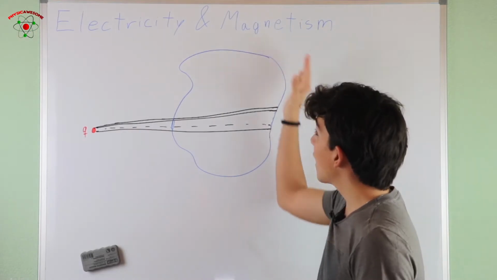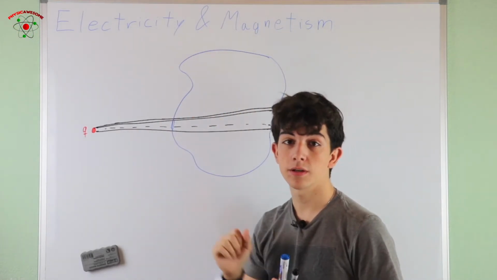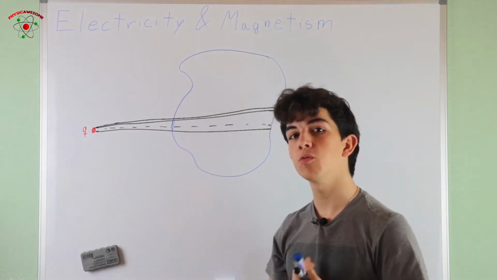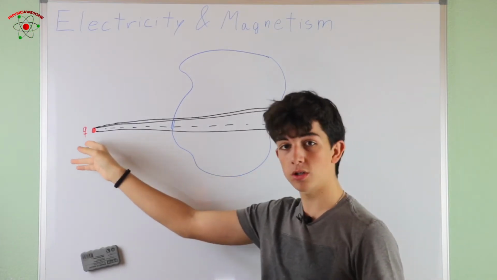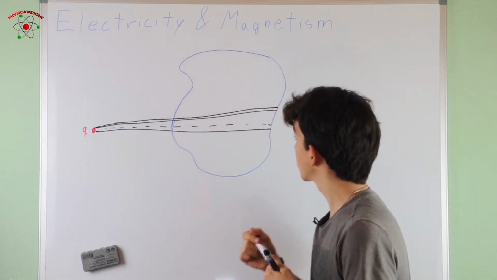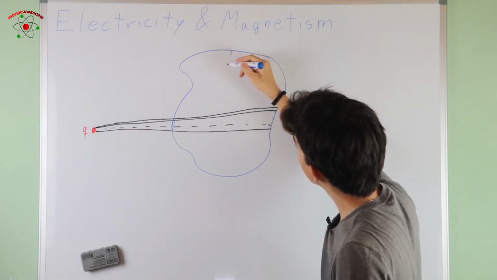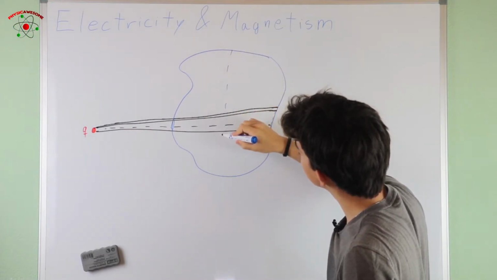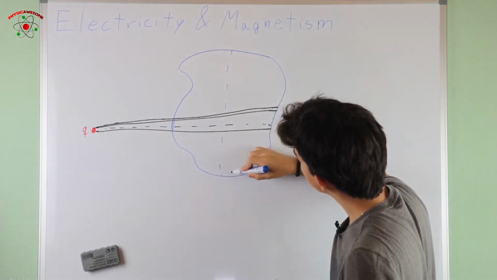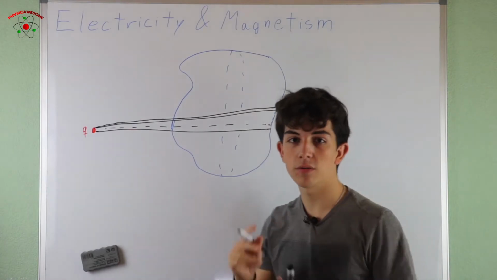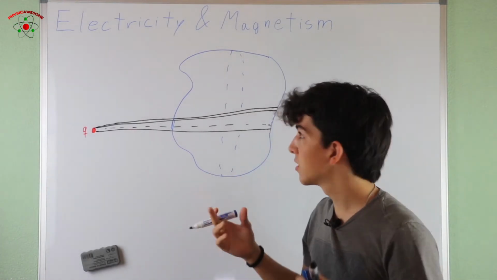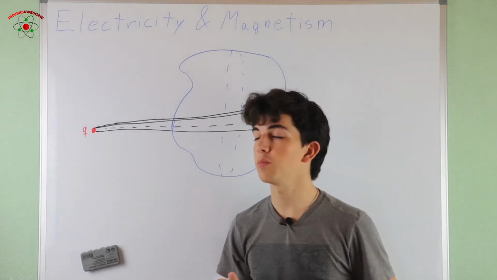We're going to have a general surface, it can be whatever we want, and we're going to have our charge that is not going to be enclosed. This is a three-dimensional surface that goes around here and goes back. It's kind of a blob, a surface of a blob.